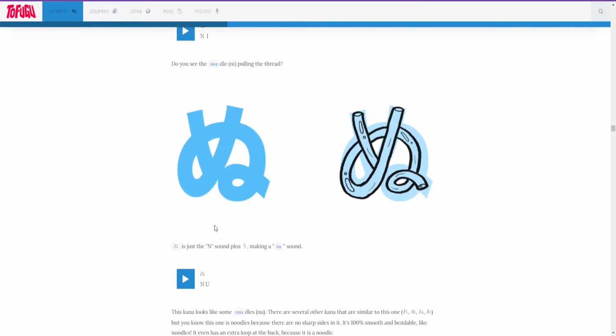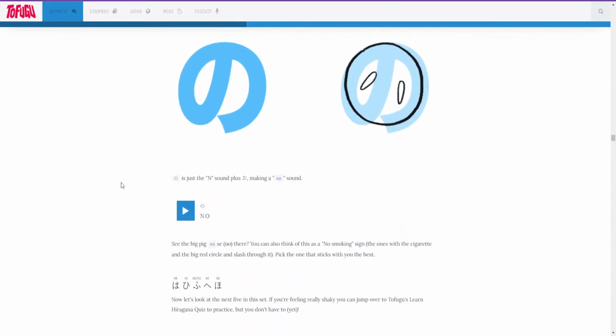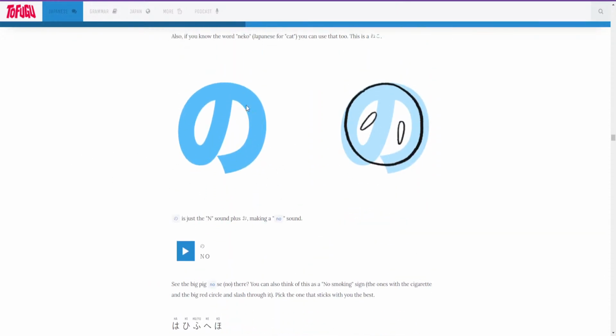Then we have nu, which is noodles, nu. And then my favorite, ne, neko. It's not neko, it's just ne, but it looks like a cat. And cat is neko, so ne. So if you see this, you see the cat with its back and its feet. Ne. And then finally, no, which looks like a cute little nose.